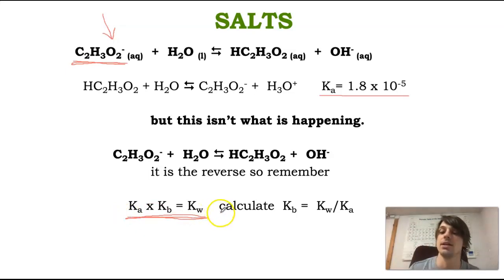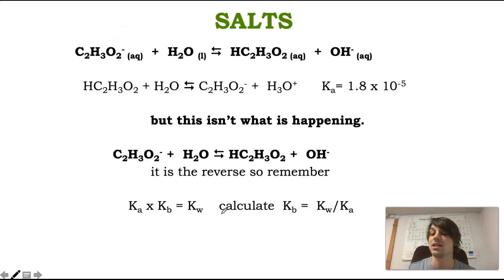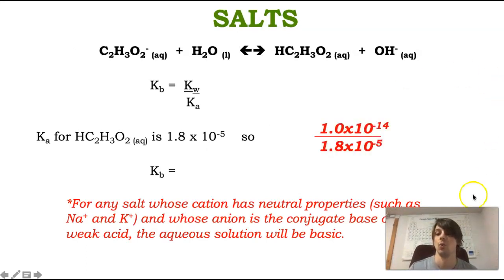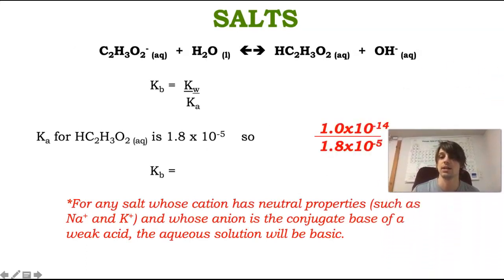So how do I get Kb if I know Ka? I take Kw, which is 1 times 10 to the negative 14th, divided by Ka, which is this. So I'm taking 1 times 10 to the negative 14th divided by 1.8 times 10 to the negative 5th, and that gives me a Kb here.